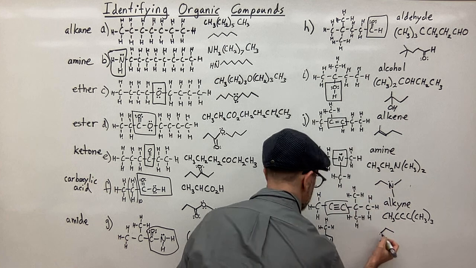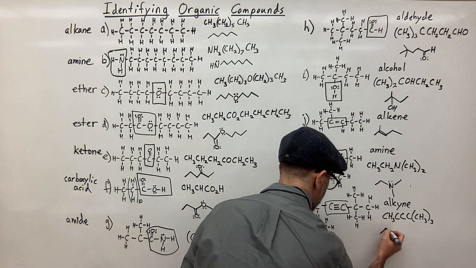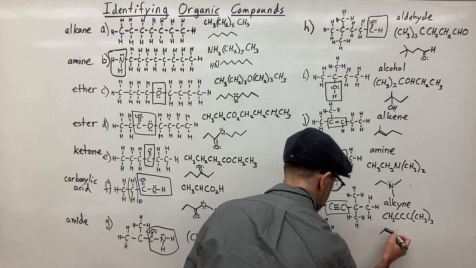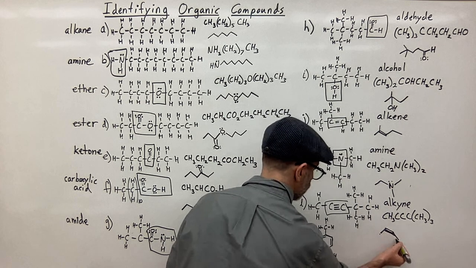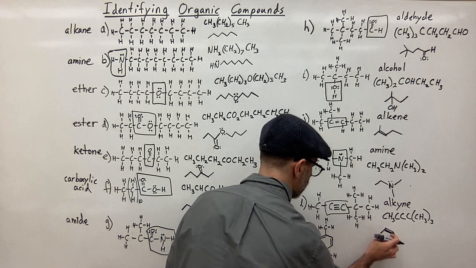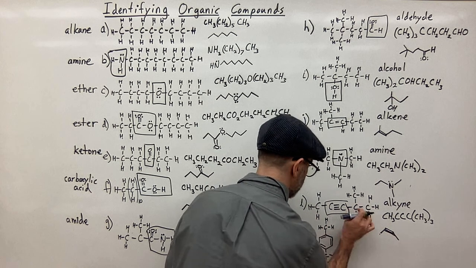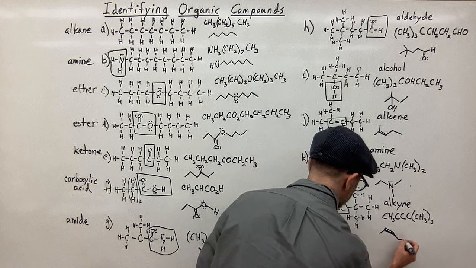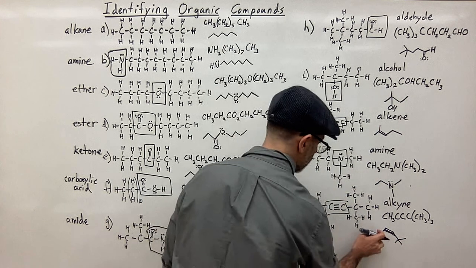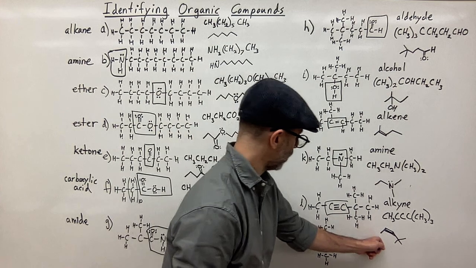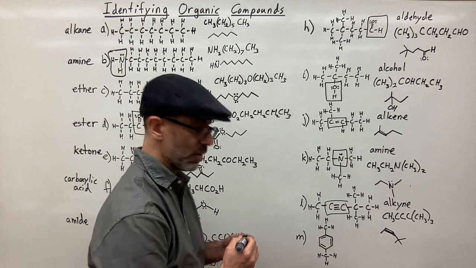So we have 1, 2, 3. So here we have a triple bond, like so. So this would be your 3rd carbon between your 2nd and 3rd here. And then your 4th carbon is here. And then off of this 4th carbon, you'd have 3 methyl groups. So carbon, triple bonded to carbon here. And then you've got your 3 methyl groups.